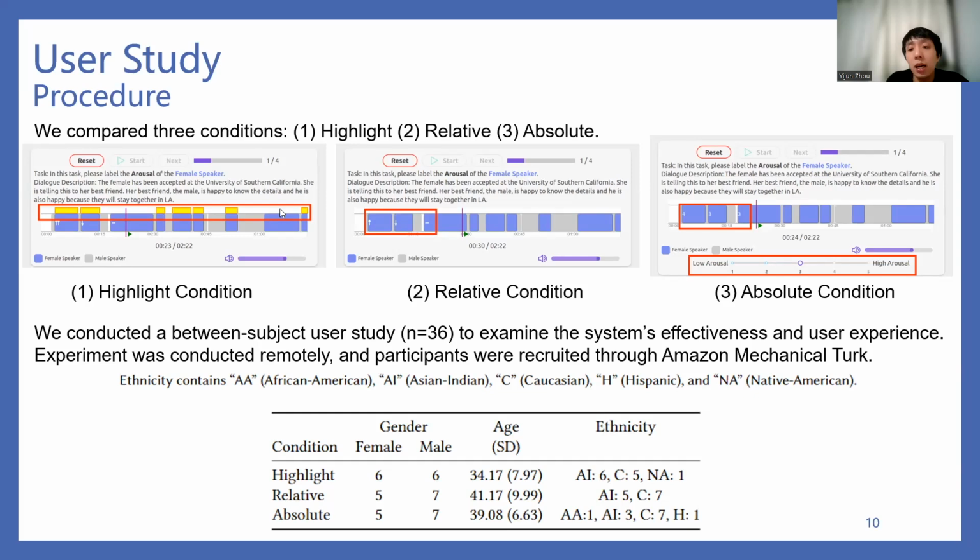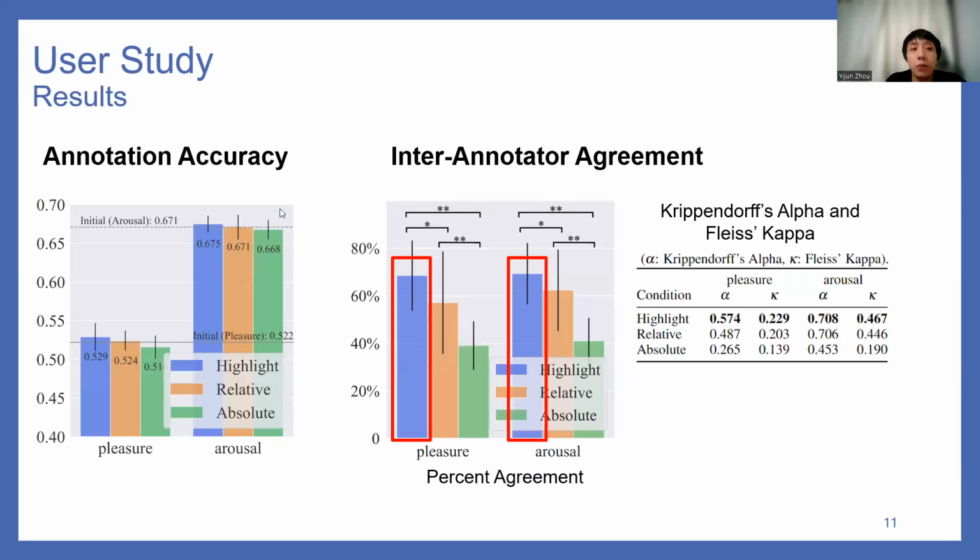We conducted a between-subject user study with 36 non-experts, 12 people in each condition. The experiment was conducted remotely because of COVID-19, and participants were recruited through Amazon Mechanical Turk. Here's the result.